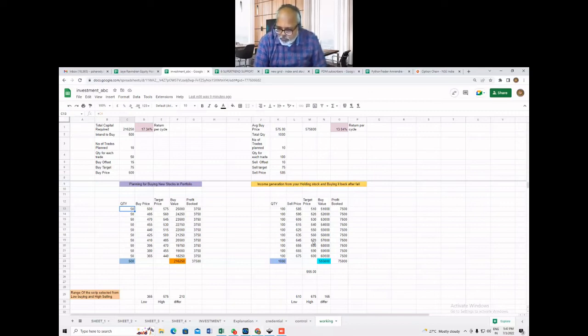Secondly, the profits booked can be reinvested in the same script whenever the market falls, so that you can increase your portfolio with zero investment. Whatever profits you are booking can be reinvested in the same script, and your quantity can be increased. It will be just like you are getting bonus shares into your account without investing a single rupee.